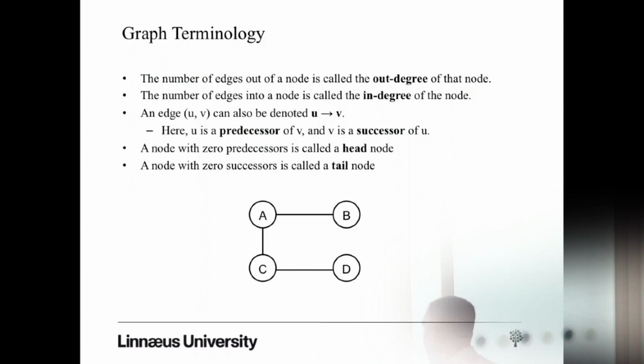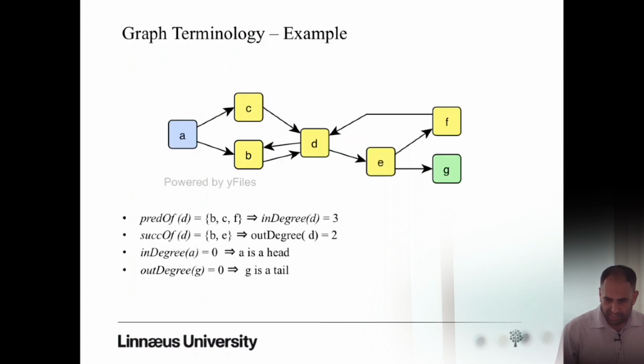So, for example, if we see the graph, because this one is not actually a good choice to have a graph over here, let's see, if we talk about the node D and want to find the in degree of node D, simply we need to look at how many incoming edges there are. In this case, I think there are only 3 incoming edges. So the in degree for the node D will be 3. And the out degree for the node D is 2 outgoing edges.